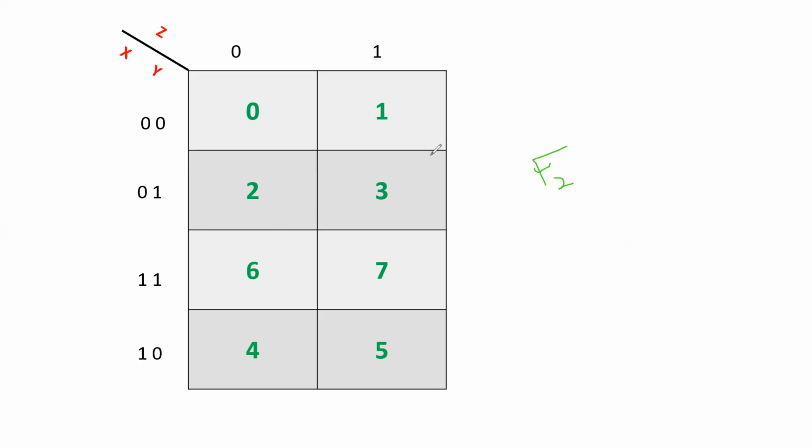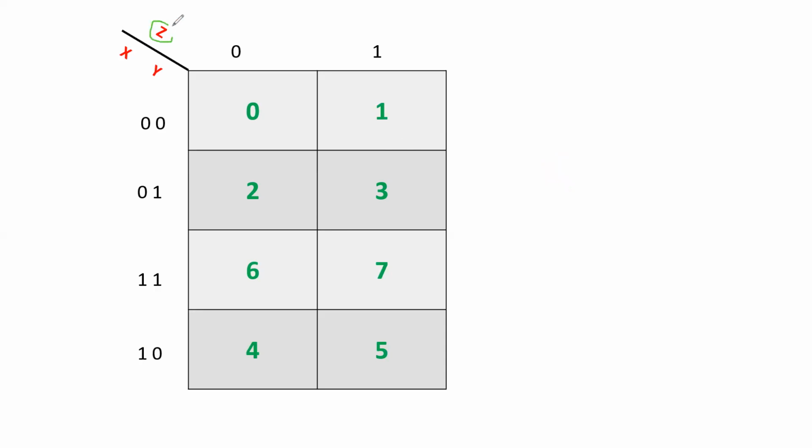For this reason, we have to use the Karnaugh map. In the Karnaugh map, first we write the third variable form, that is, what the third variable represents.